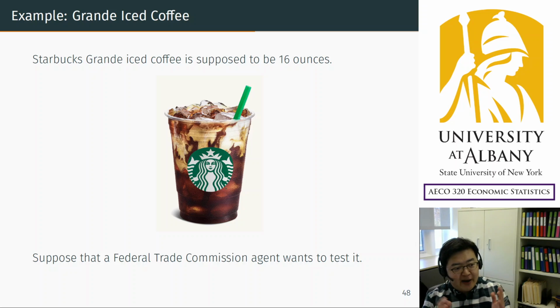And by the way, this example was inspired by news several years ago that someone sued Starbucks saying that in iced coffee, it's less than 16 ounces if you remove the ice. So the main point is whether ice should be included in 16 ounces or not.